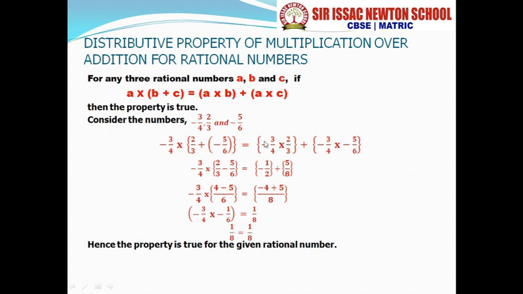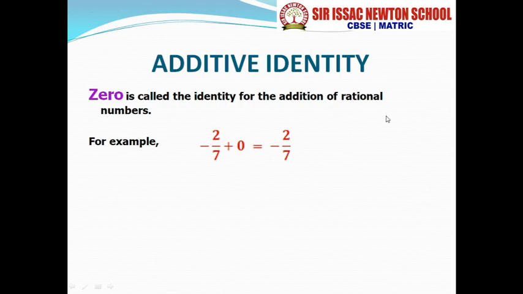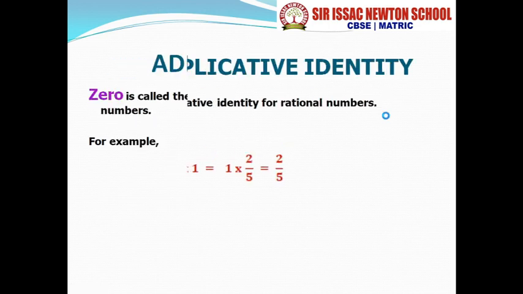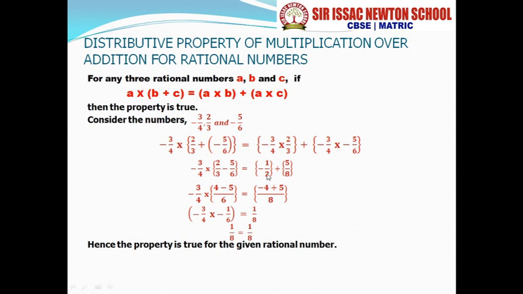Now consider the RHS. See here, the 3 in the numerator and the 3 in the denominator get cancelled. So 2 ones are 2 and 2 twos are 4, which is minus 1 by 2, plus 3 ones are 3, 3 twos are 6.